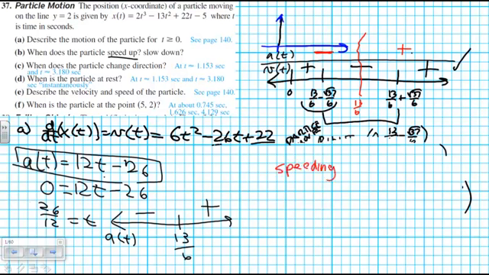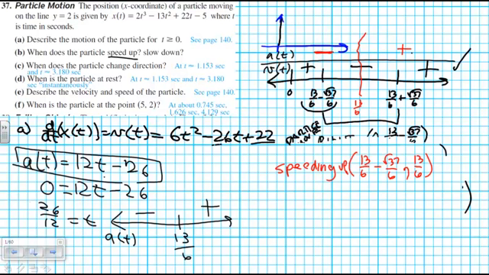It's speeding up when acceleration and velocity are on the same side, and that's going to be on the interval from 13/6 minus root 37/6 all the way up to 13/6. This is speeding up because the signs of acceleration and velocity are the same.